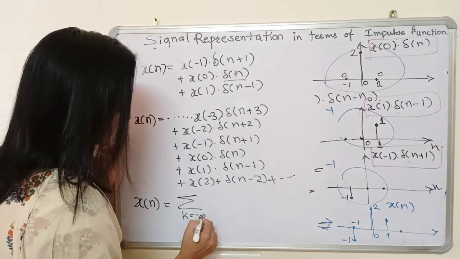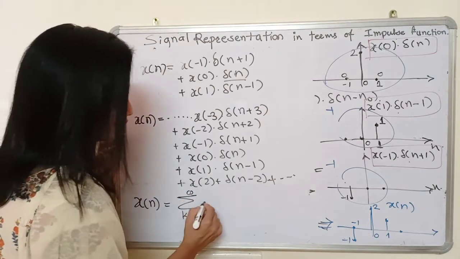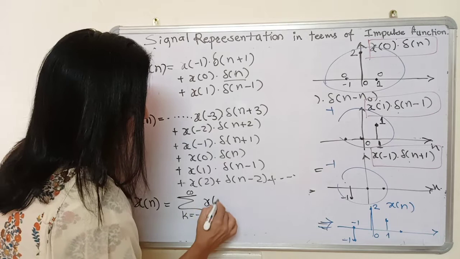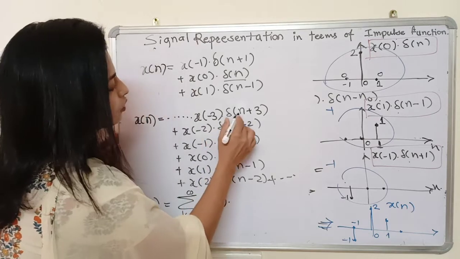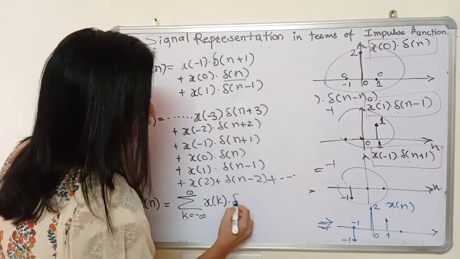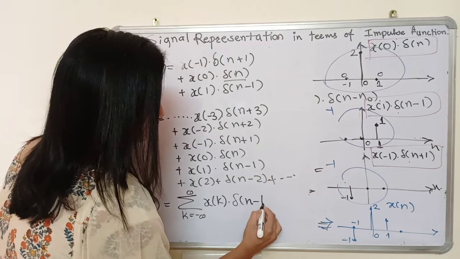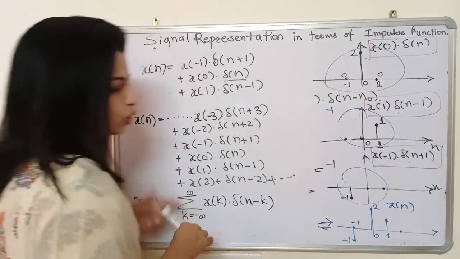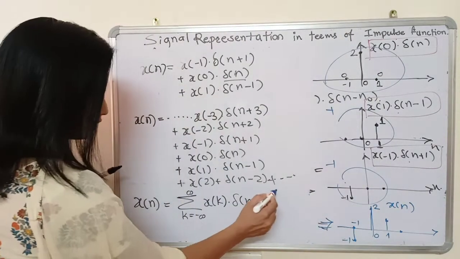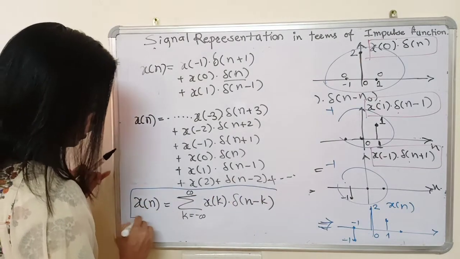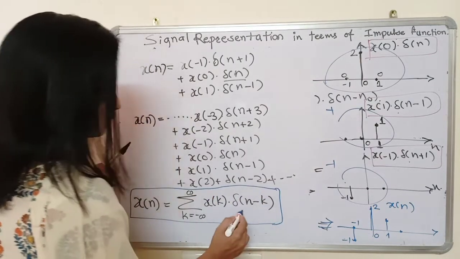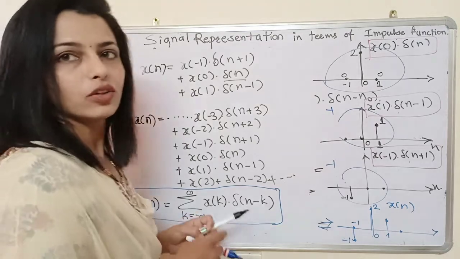So k is varying from minus infinity to plus infinity, and we can write x of k, and del of n opposite sign, del of n minus k, like this. So this is how you represent x of n in terms of the shifted versions of del of n.